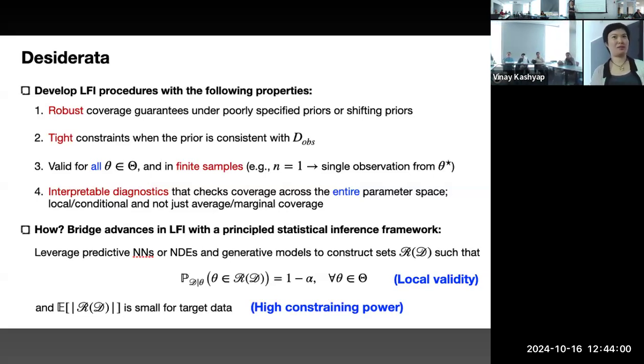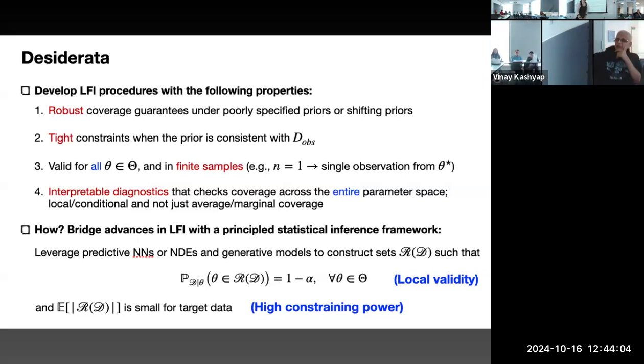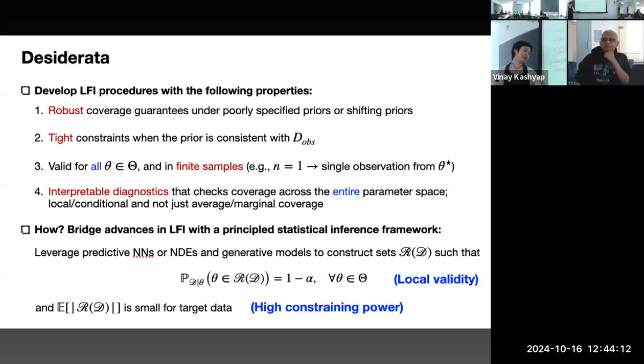Yes, exactly. Can I ask a silly question? So you have that expectation over D. What does that mean? Yeah, so I'm frequentist, so the randomness comes from the data. This is an expectation, an average over all the data in my target. But then you have a different theta for every data set.